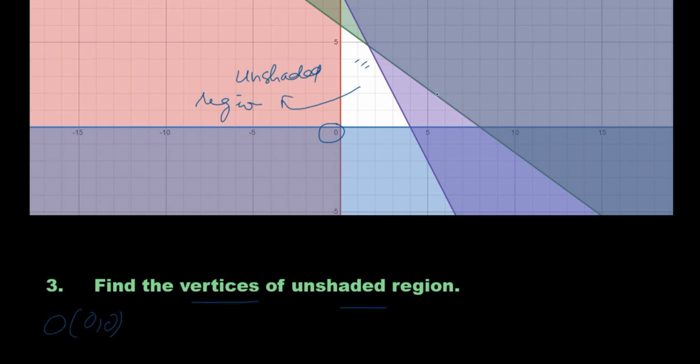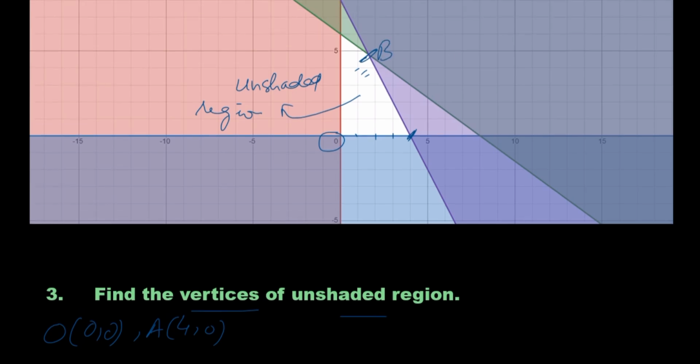The next vertex is this point, where x is equal to 4, y is equal to 0. This is 1 unit, 2, 3, 4. So let's say this vertex is A, whose coordinates are 4, 0. The next vertex is B, which we will calculate.